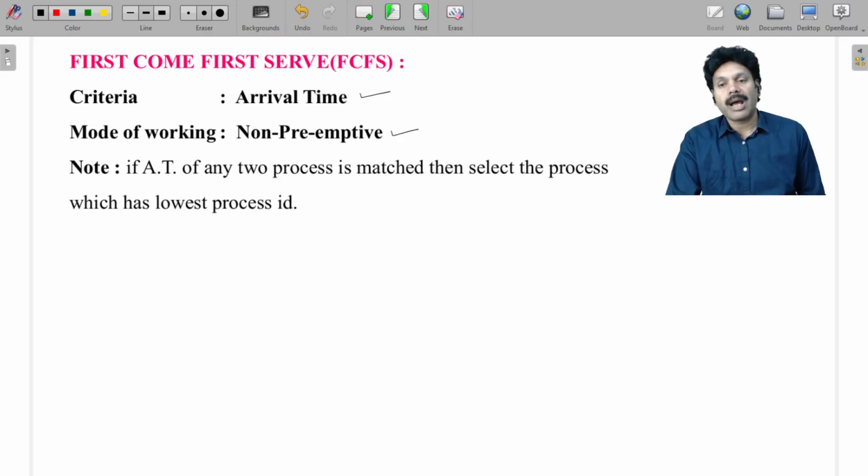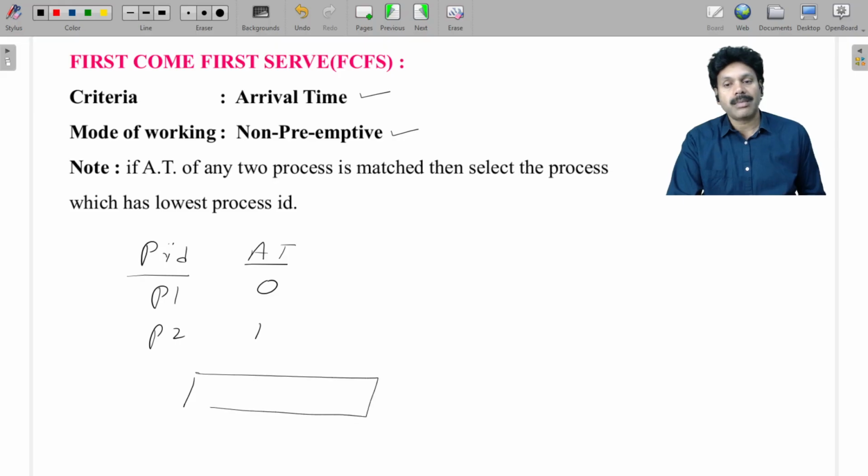But sometimes, imagine there are processes P1 and P2, and the arrival times of the processes are 0 and 1. What does this mean? It means process 1 arrived at time 0, and process 2 arrived at time 1.